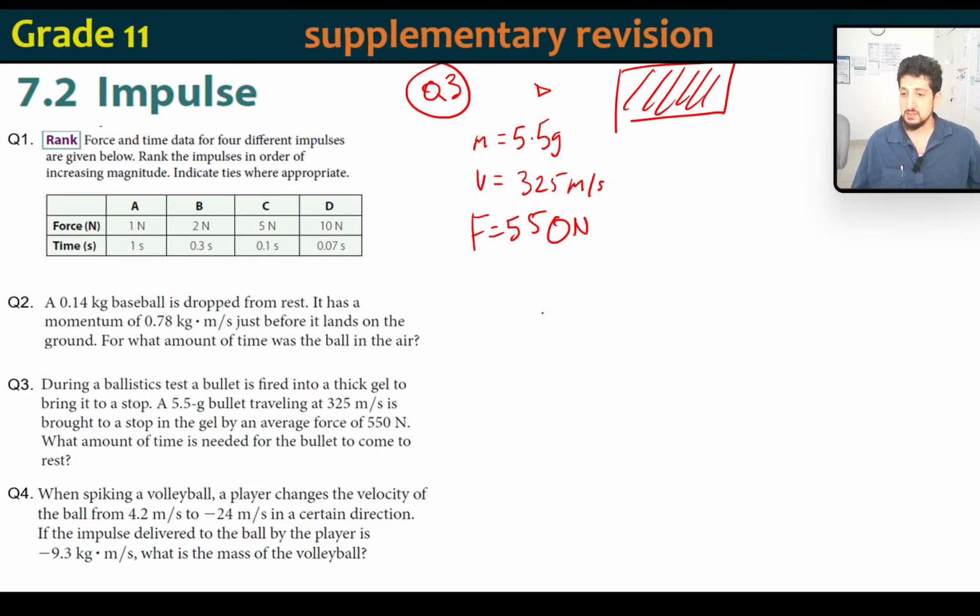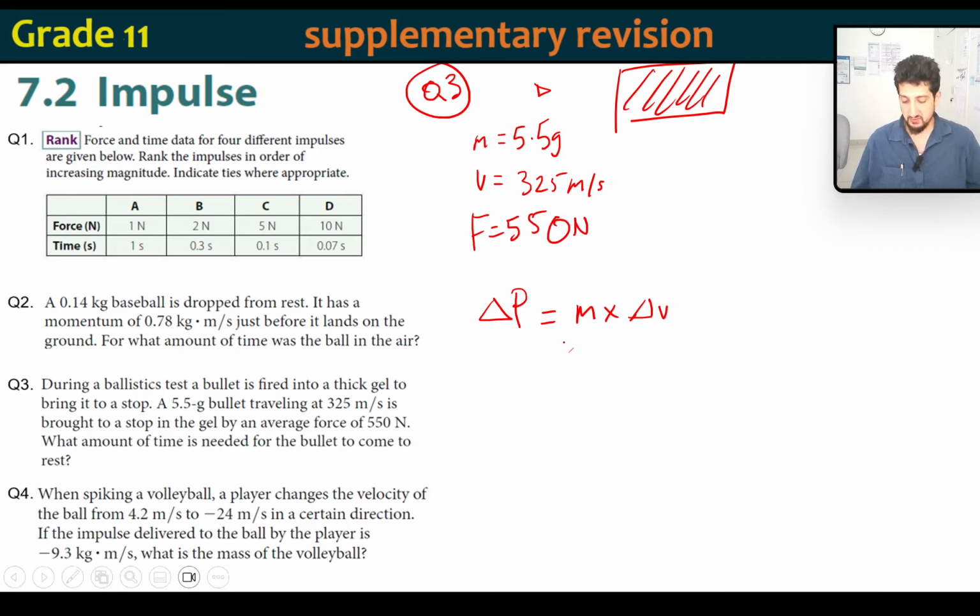Okay, it's easy. First I have to work out the change in momentum, the impulse, which is going to equal mass times change in velocity, which in this case is 325, because the last velocity is 0. But the mass has to be changed from grams to kilograms.